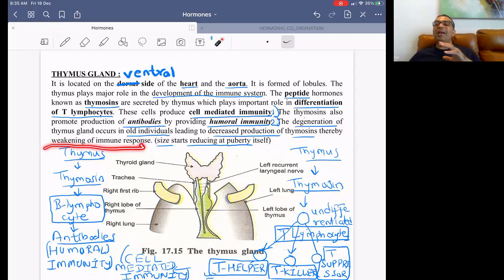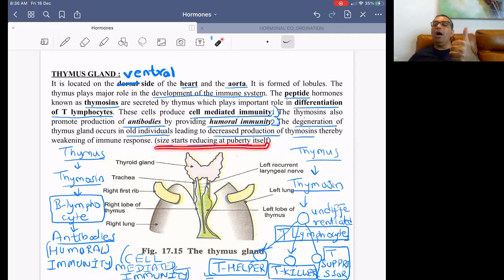The size of the thymus gland starts reducing at puberty itself, and in elderly people, the thymus has undergone complete degeneration.